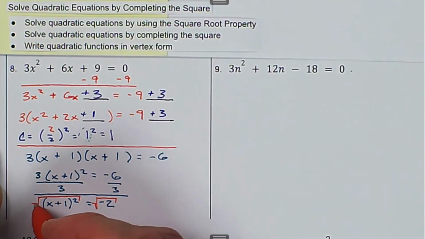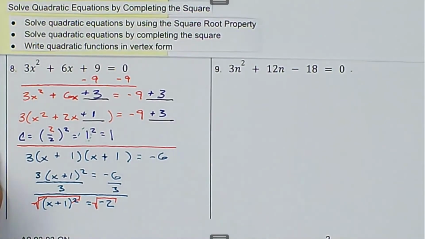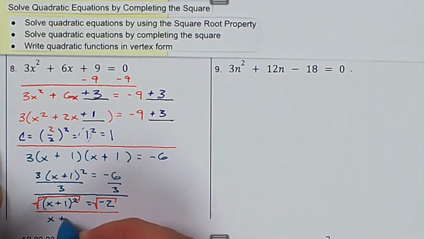The reason we do that is our square root cancels our square. On the left-hand side, we're left with x plus 1, and on the right-hand side, we're left with plus or minus the square root of negative 2.